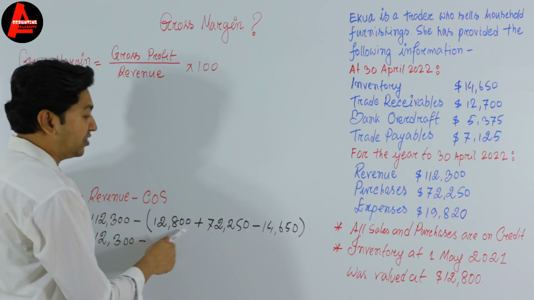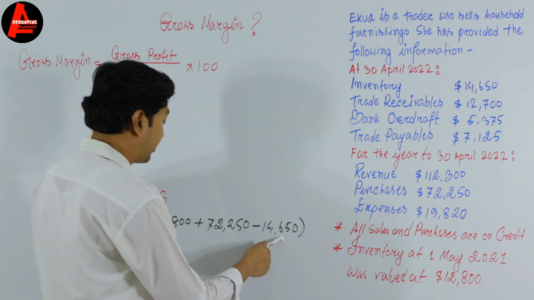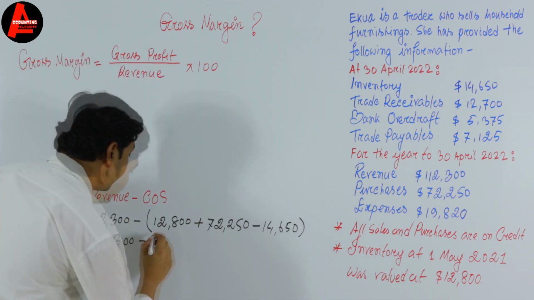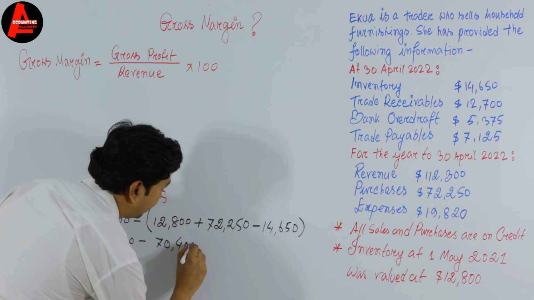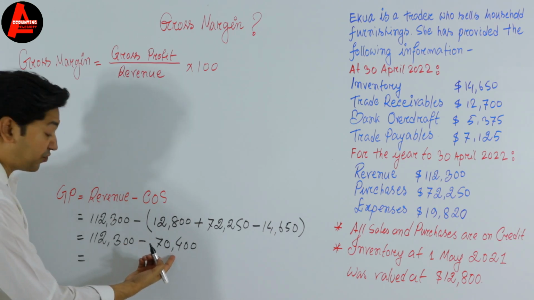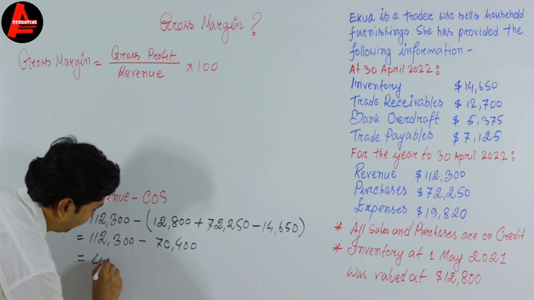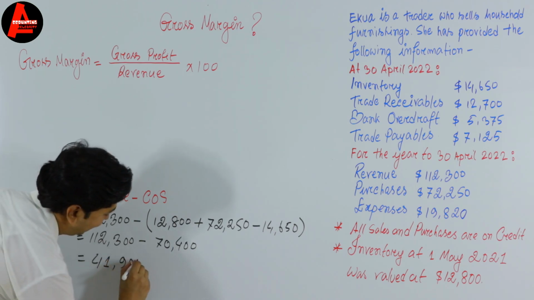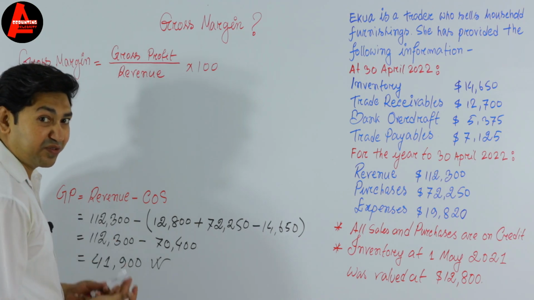So we will add these two amounts and from the addition we will subtract. So what we get? We get here $70,400. So now if we subtract this amount from here, we will get $41,900. So this is our gross profit.